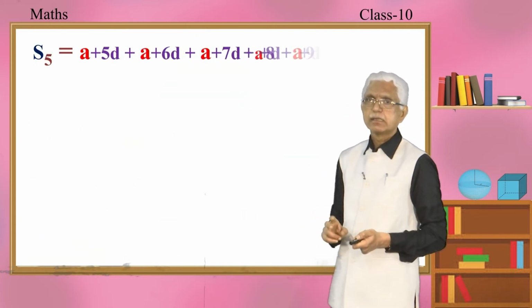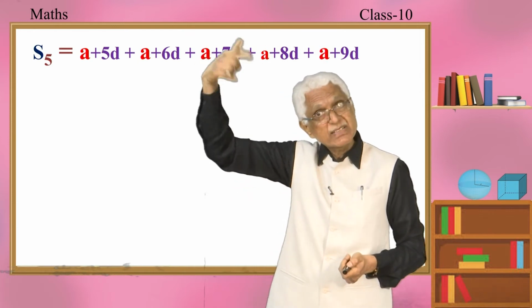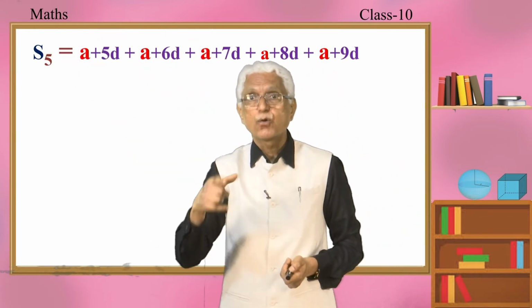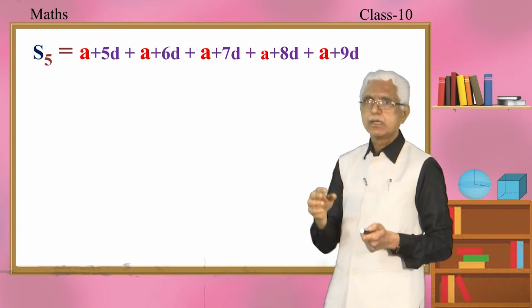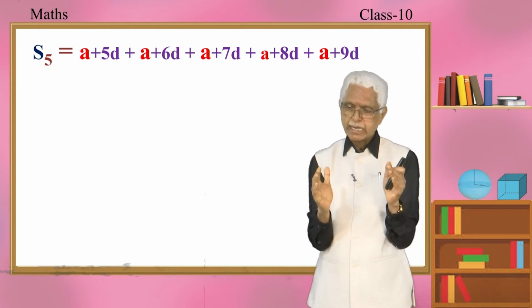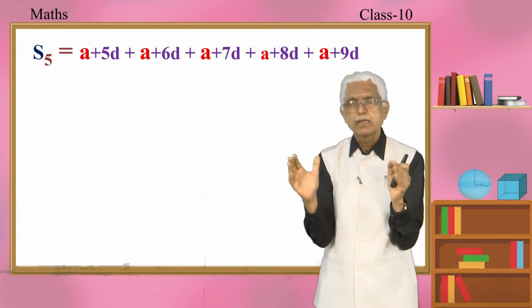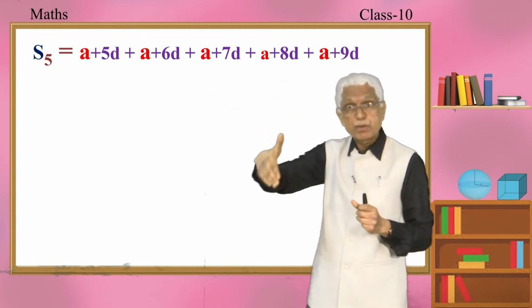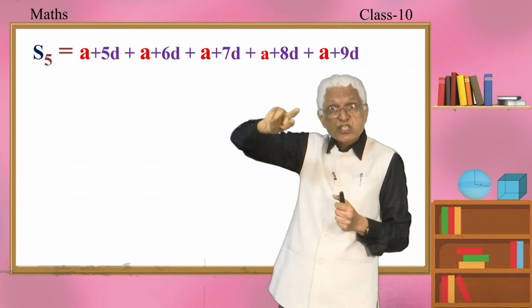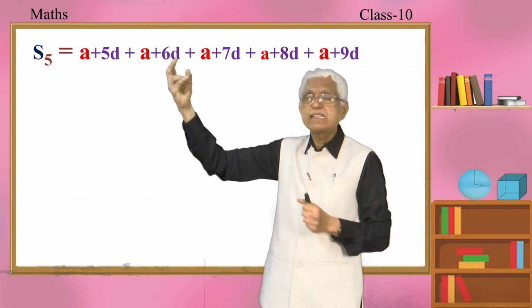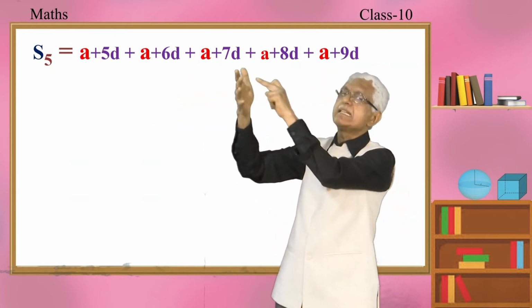Next, children, they gave you that the sum of the next 5 terms is 125. First 5 terms: A, A plus D, A plus 2D, A plus 3D, and A plus 4D. Next means 6th, 7th, 8th, 9th, 10th terms, correct?